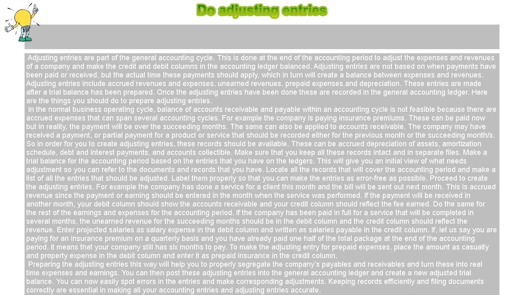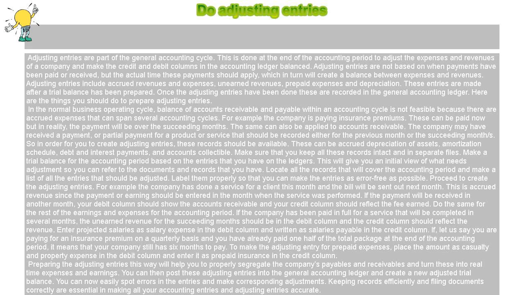Preparing the adjusting entries this way will help you to properly segregate the company's payables and receivables and turn these into real-time expenses and earnings. You can then post these adjusting entries into the general accounting ledger and create a new adjusted trial balance.